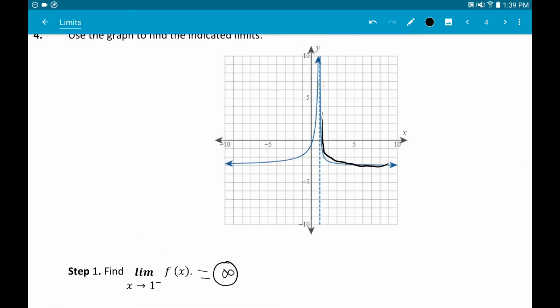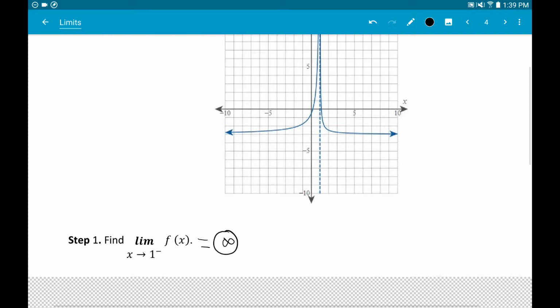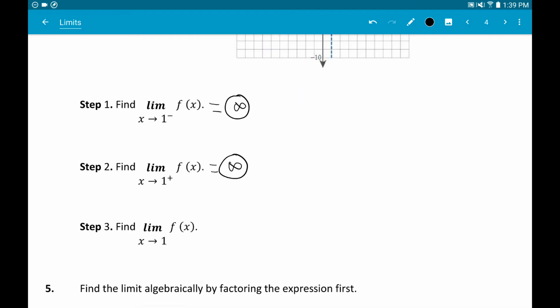All right. Remember, for two-sided limits, we said they only exist if the left and right-sided limits are the same. So the left-sided limit was infinity, the right-sided limit was infinity. So the question is, does infinity equal infinity?